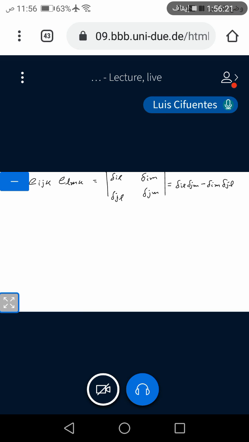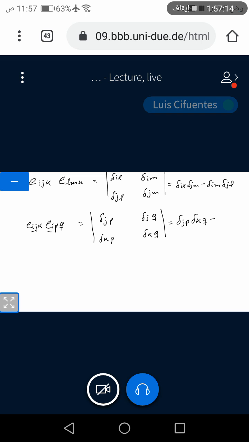Changing the index, we have this term here, and PQ, another index, where we repeat the index I. JQ, AP, AQ, P, KQ minus JQ with the KP here.